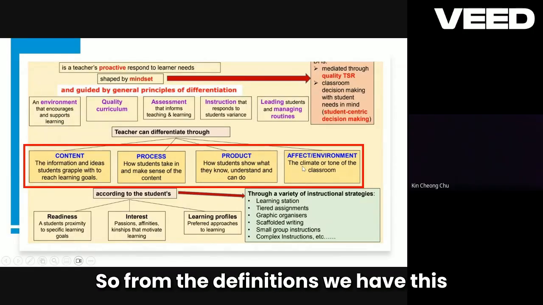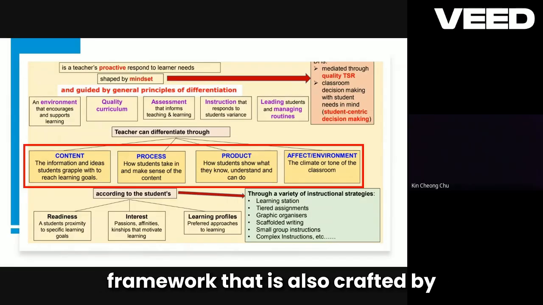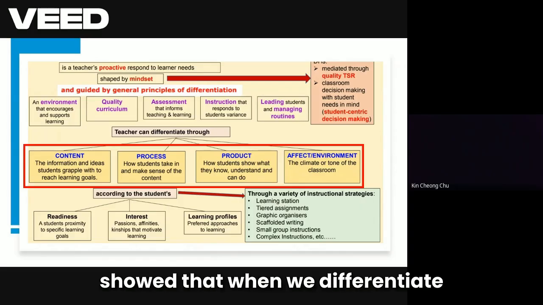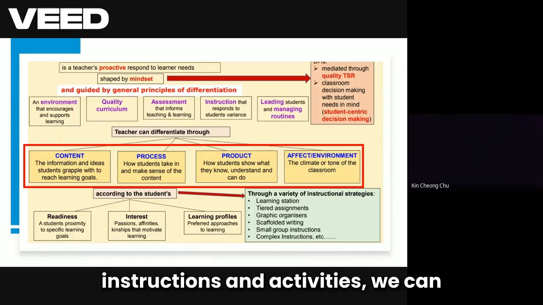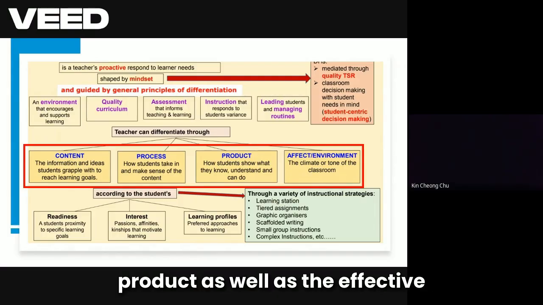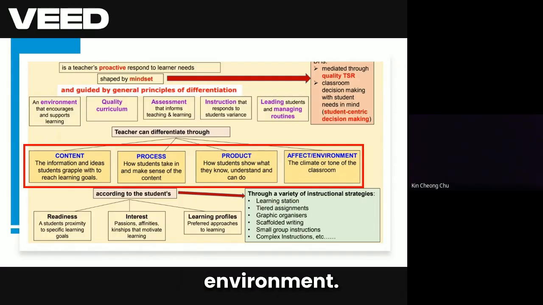So from the definitions, we have this framework that is also crafted by Professor Tomlinson, where she showed that when we differentiate instructions and activities, we can differentiate its content, process, product, as well as the affective environment.